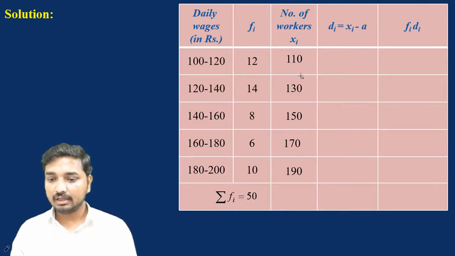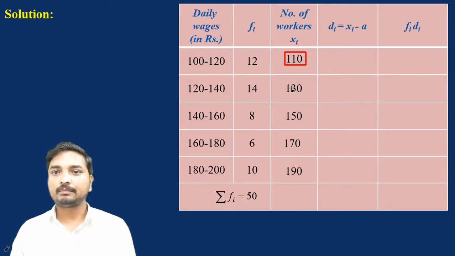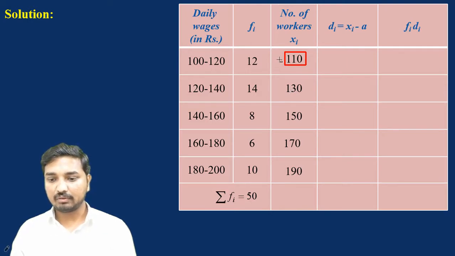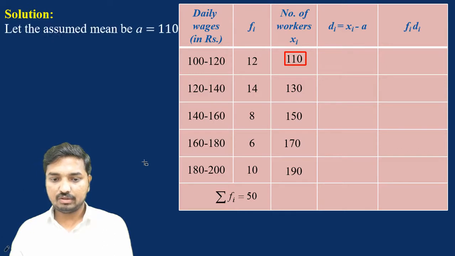Now look here. In the xi column, what is the smallest number? It is always the first one. Remember, the first number in the xi column is always obviously smaller. So choose the first number as a, the assumed mean. Here it is 110, so assumed mean a is equal to 110. You need to write it like this.